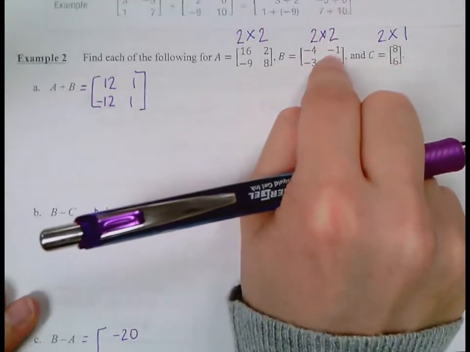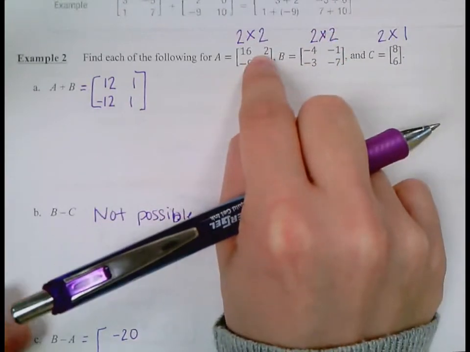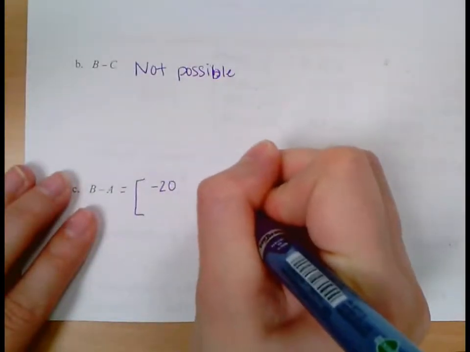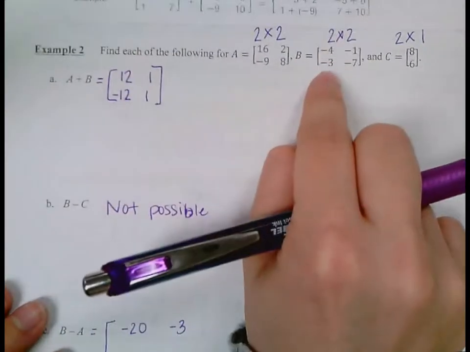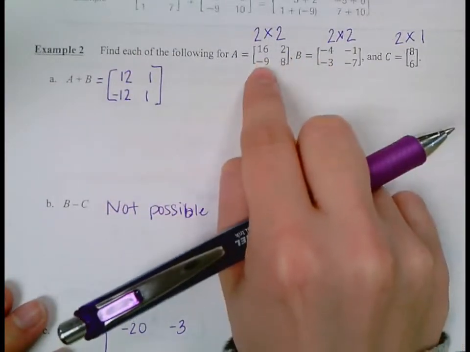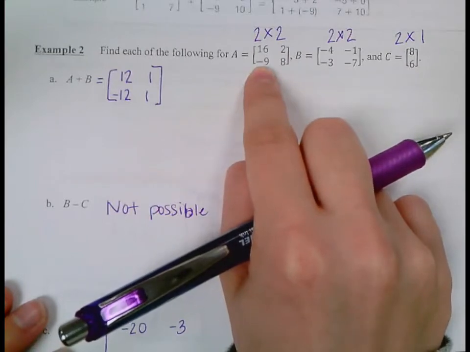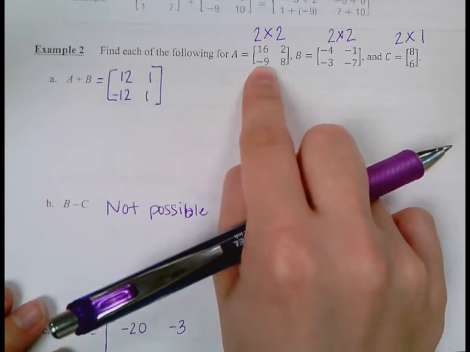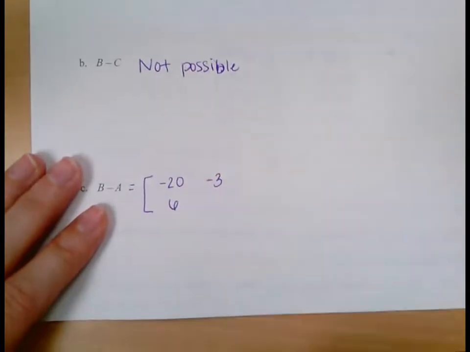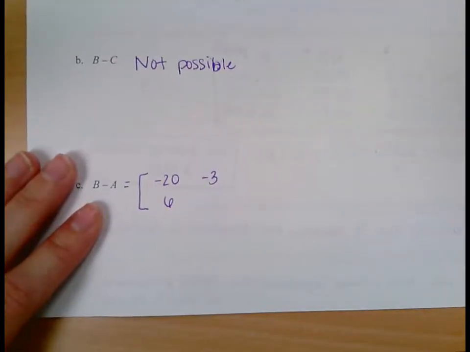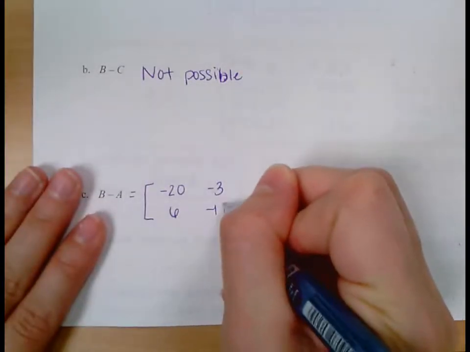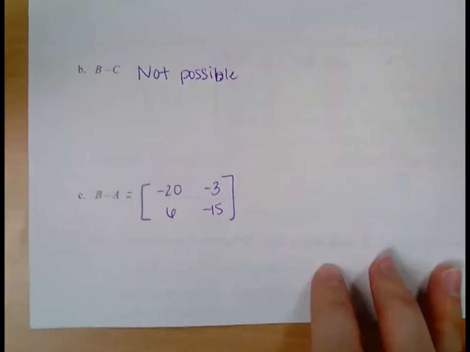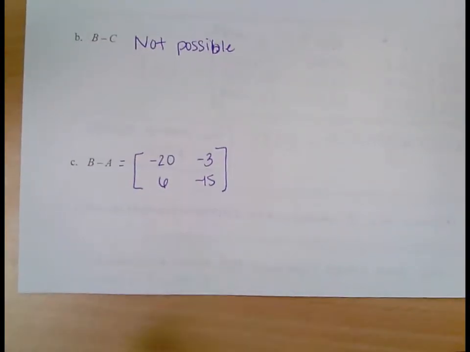And then negative 1 minus 2, that's negative 3. And negative 3 minus negative 9 is really negative 3 plus 9, so that's 6. So careful with subtraction, especially if you're subtracting a negative. And then negative 7 minus 8 is negative 15. So that would be your difference, B minus A.